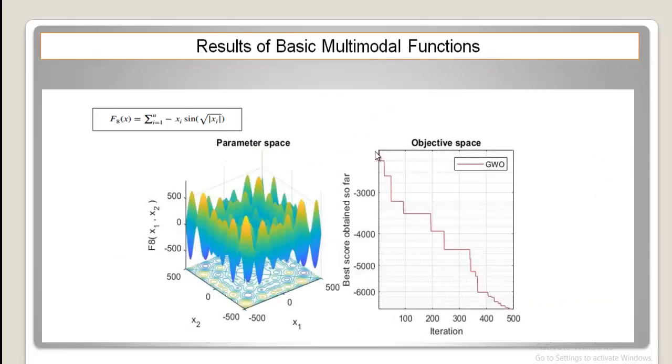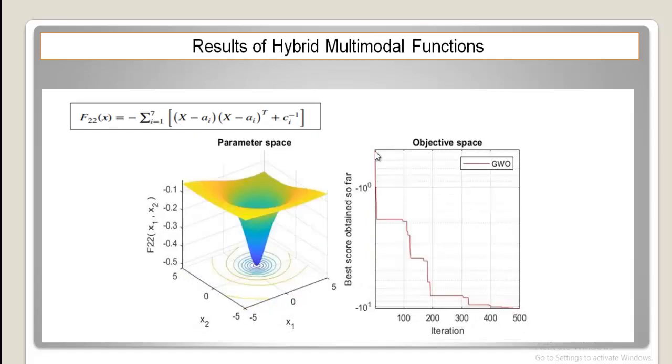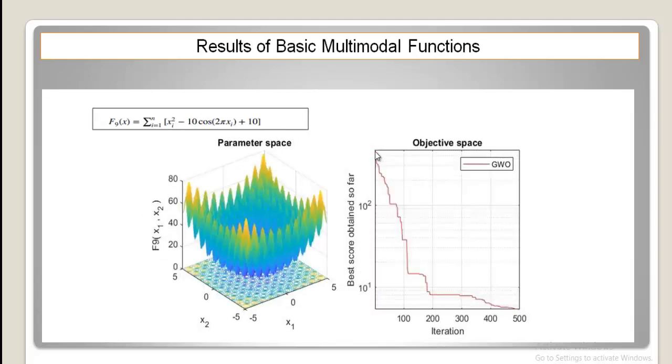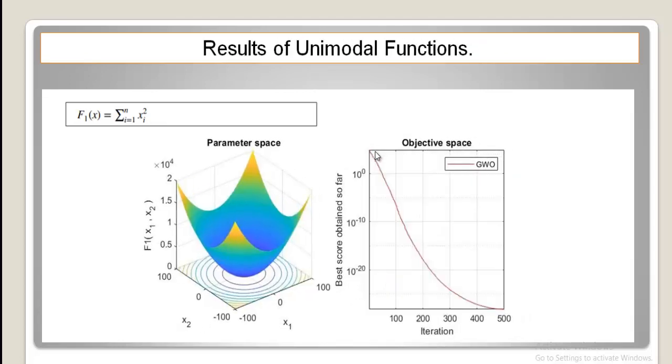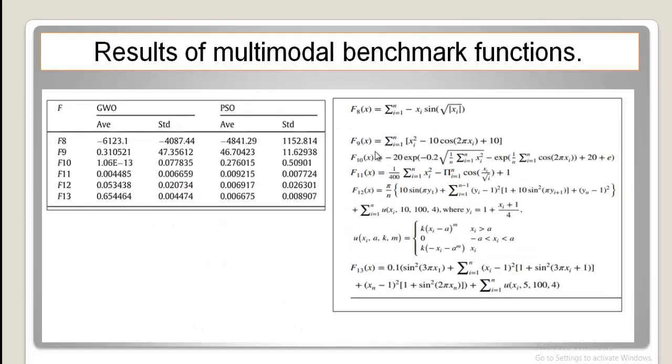These are composite functions that combine two or more functions to create a complex landscape with a multitude of local optima. They are used to solve real-world problems and test how well the algorithm can handle complex multimodal landscapes.